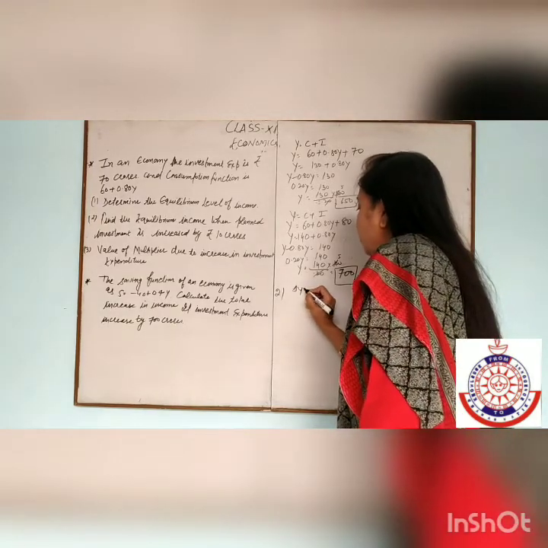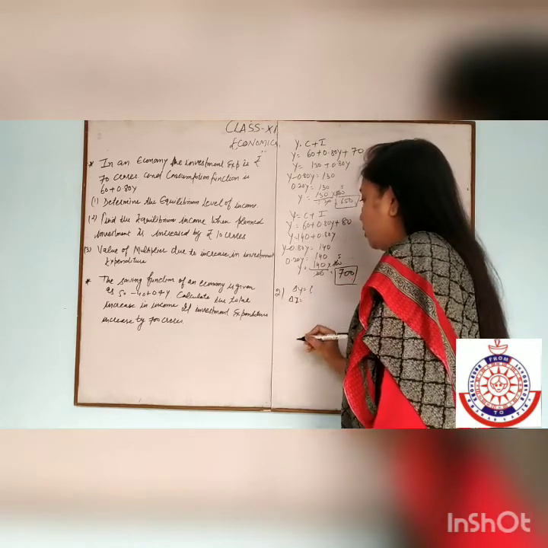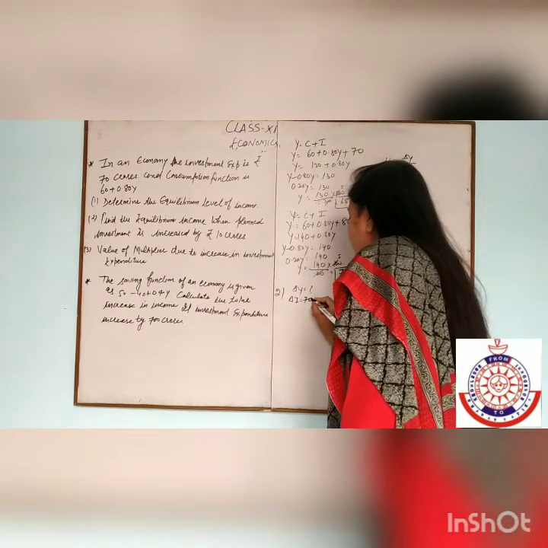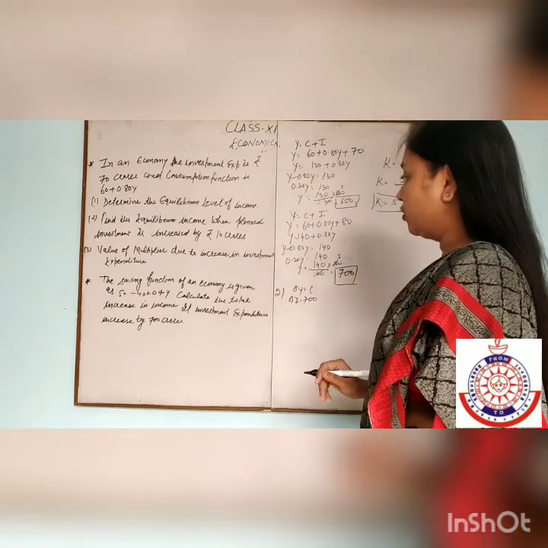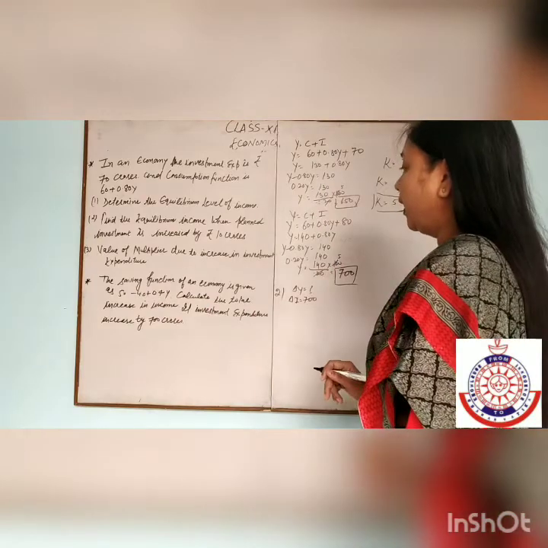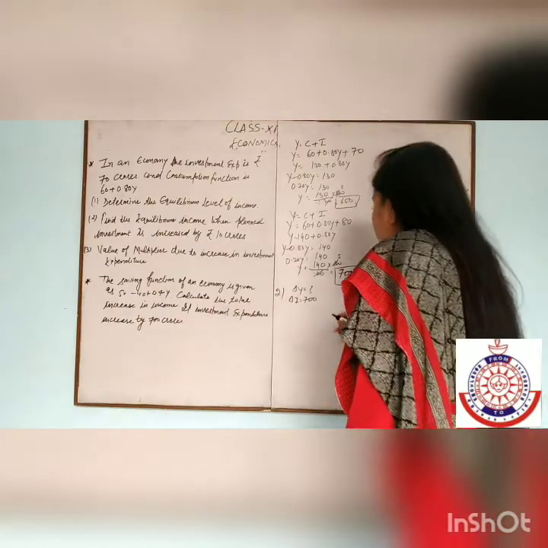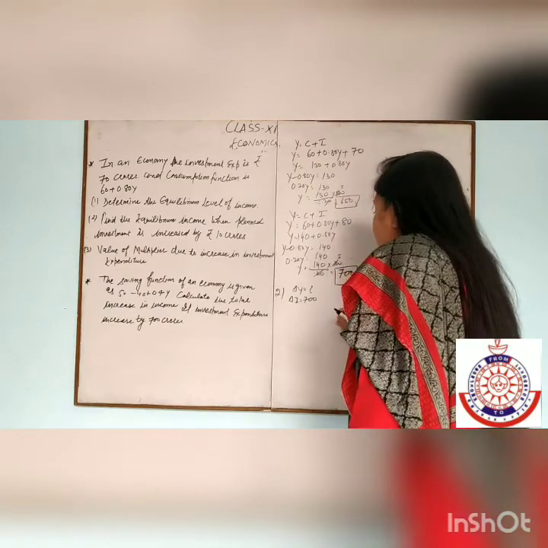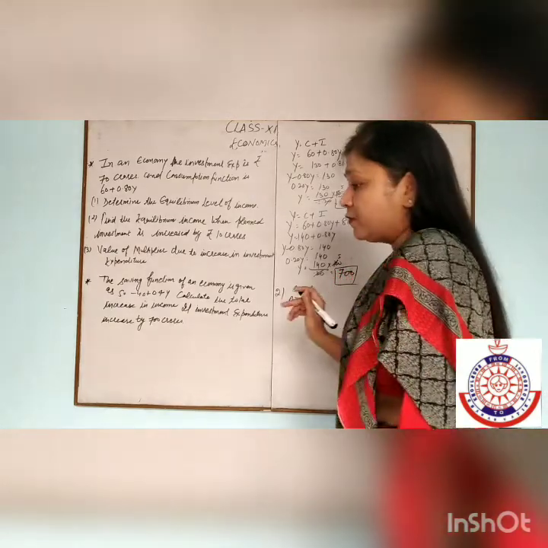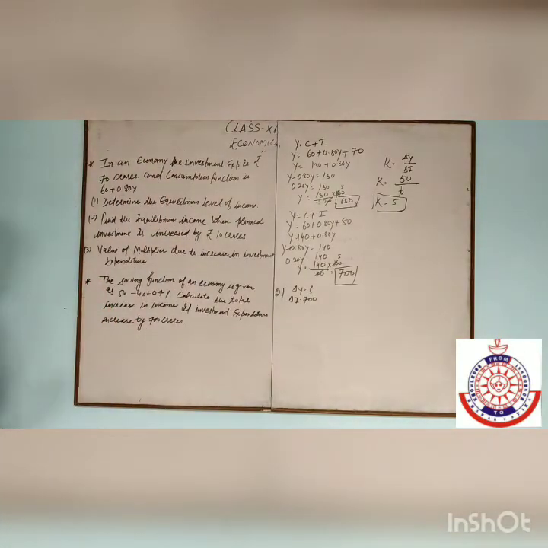You have to find out increase in income and investment expenditure is 700 crores. First, you know saving function is given here. At equilibrium level, saving is equal to investment. So, if saving is equal to investment, then what we will write here?